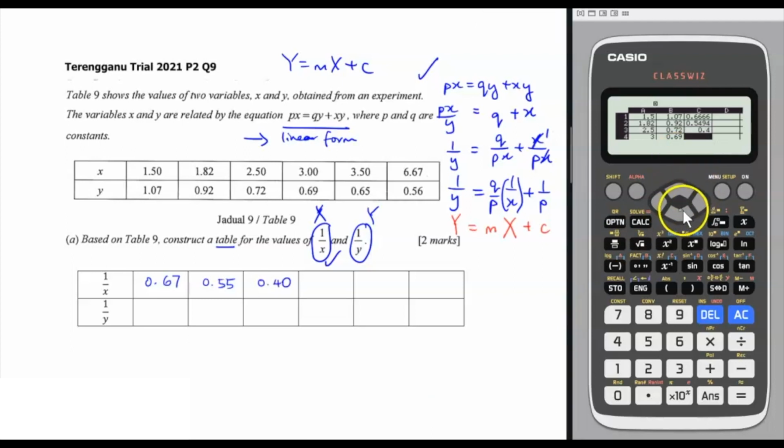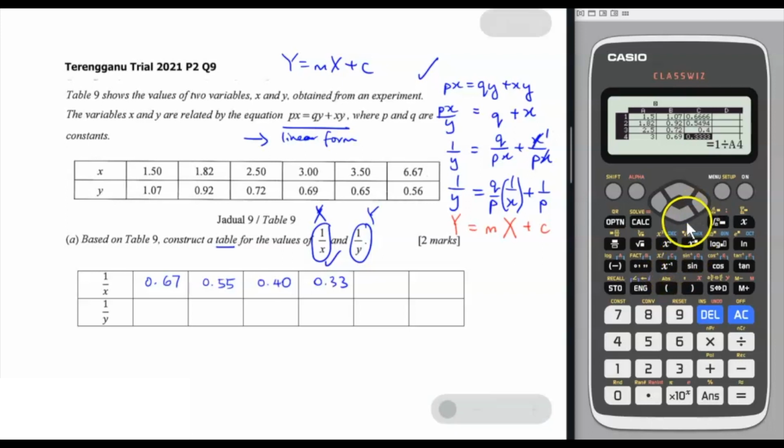Now we do the next one. So this one will be 1 over A4. Go to Option, 1, then you press 1 divided by A4. Okay, so press equals. So you will get 0.3333, so it becomes 0.33.